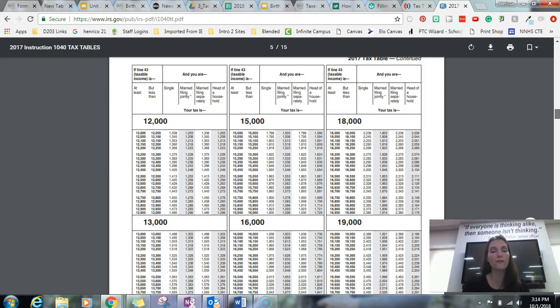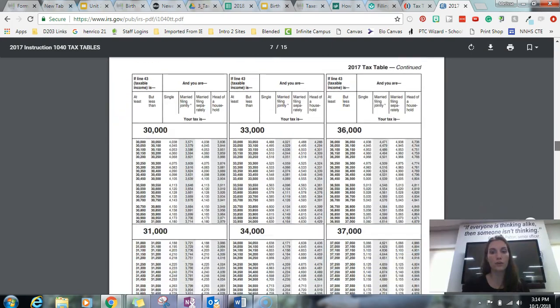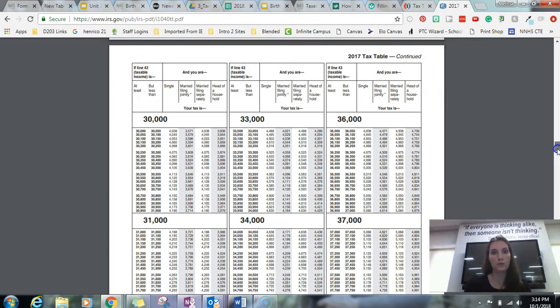So if you have a taxable income of $30,000, you're going to go all the way down to the $30,000 box, and then you're only really looking at this box. The entire table is irrelevant to you other than this box. So I wanted to point out how the actual form is broken up so that you know where to start looking to find your tax liability.